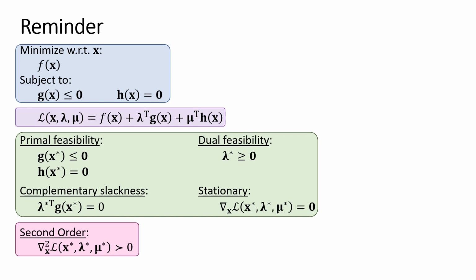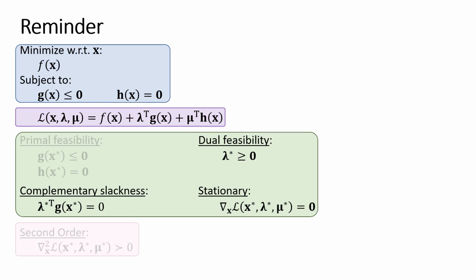Now, in these examples, we don't really consider the second order conditions because of the simplicity of the problems. And we don't really care for the primal feasibility because they are, in fact, part of the constraints, the inequality and equality constraints.